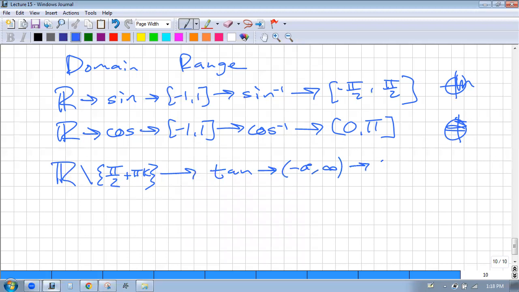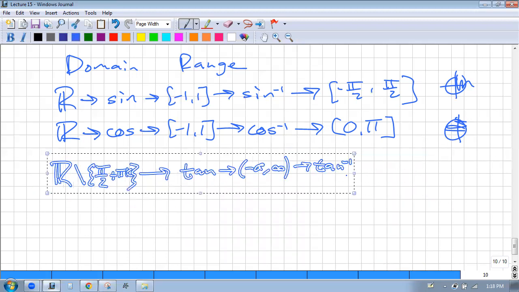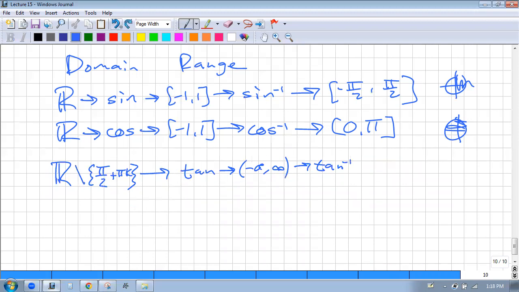That's what tangent inverse is designed to deal with. Tangent inverse needs to be able to clean up after tangent. It would like to give us back the original number, but there's an infinite number of choices. So it always gives us the one that's between minus pi over 2 and pi over 2. Again, the angle on the right side of the unit circle.